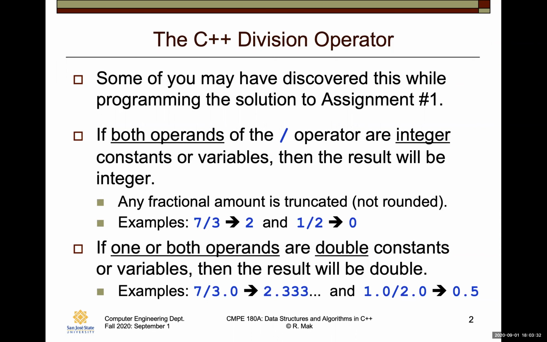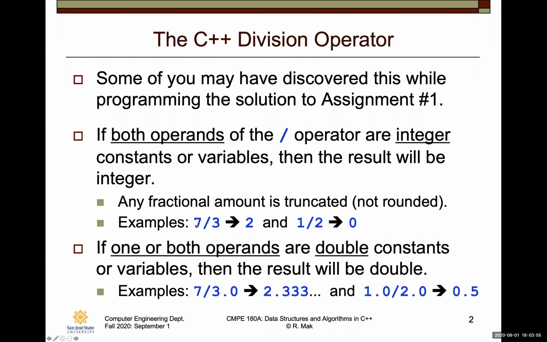And that's why some of you could not get a value that was close to pi, because the way you had coded the formula was wrong. Now if one or both operands are double constants or variables, then the result will be double.